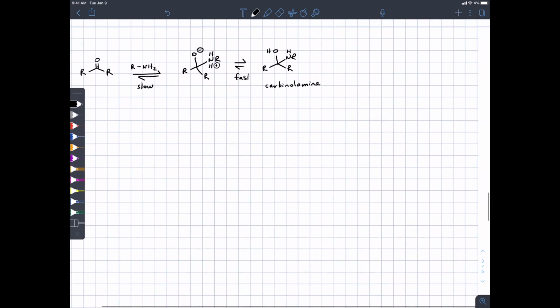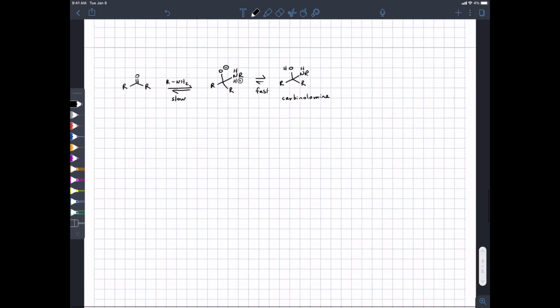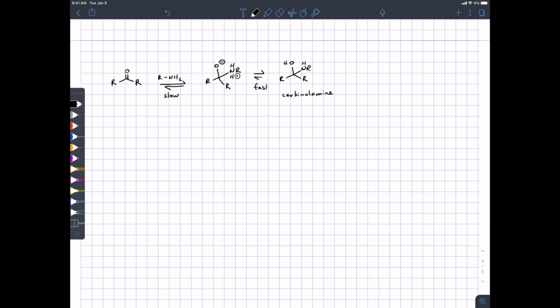All right, and then at this stage, this is where you need an acid catalyst. You need the acid catalyst to protonate the OH group to turn it into a good leaving group so that the nitrogen can kick off that water as a leaving group.